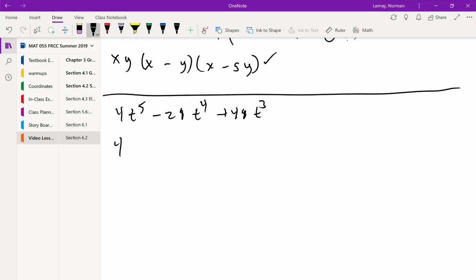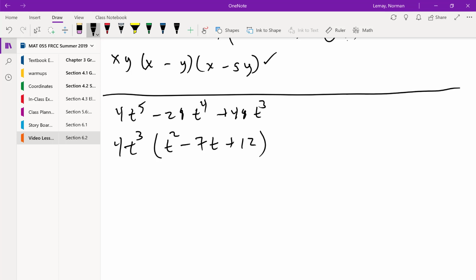And it looks like I can pull out a t cubed. So notice I'm left with a t squared minus 7t plus, looks like 12, and then we're done there.